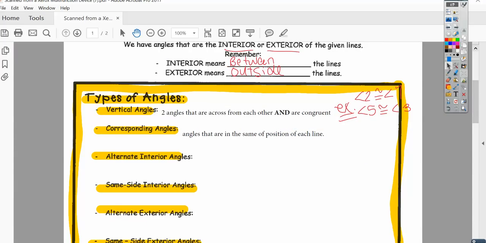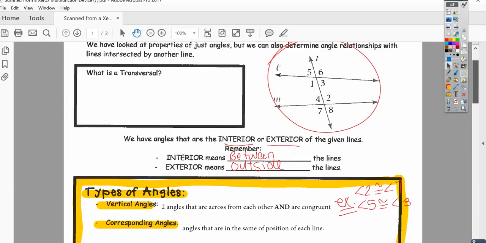So a corresponding angle, they're angles that are in the same position of each line. So if I come back up and I look at my example, line L makes angles 5, 6, 1, and 3, and line M makes angles 4, 2, 7, and 8 with my transversal. If I highlight angle 5, hopefully it will highlight.